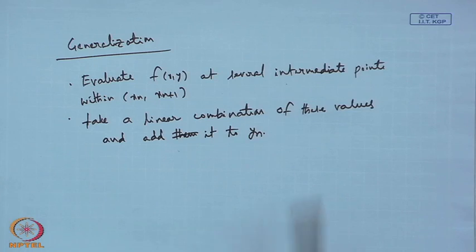So, you have seen how we have considered initially the weights 1 minus theta and theta. So, similarly, instead of considering only the end points, you can step across several intermediate points within a small interval x n to x n plus 1.